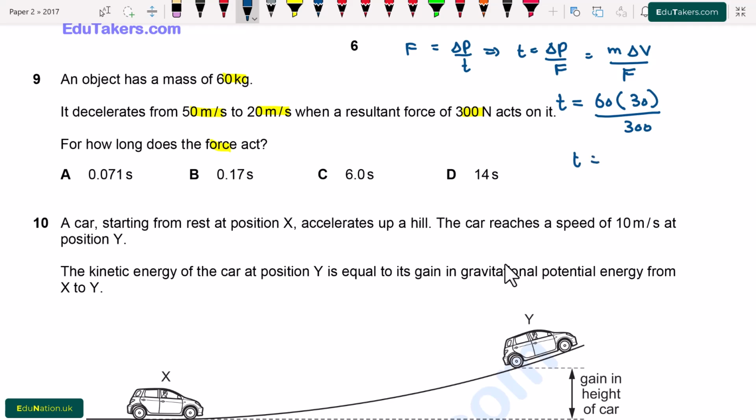So time will be equal to 6.0 second. Now we see the options. Option A 0.071 second, B 0.1 second, C 6.0 second. So C option is correct from here.